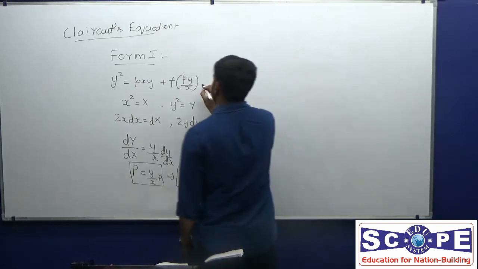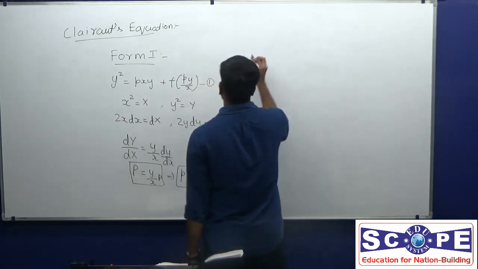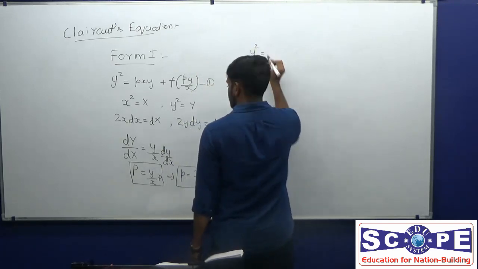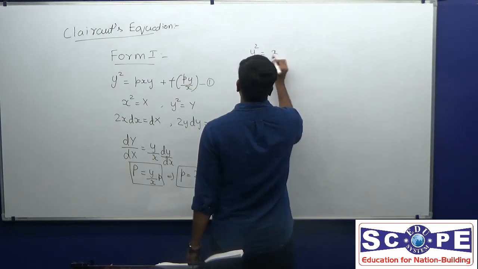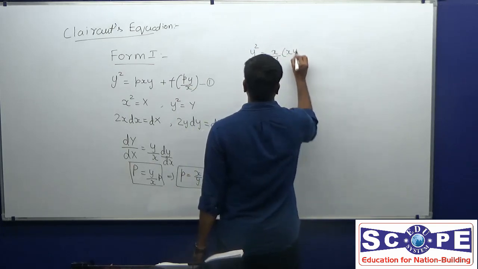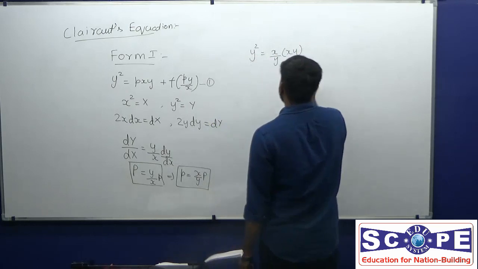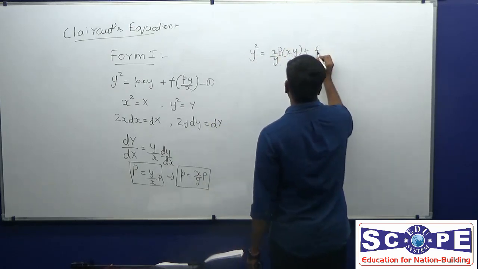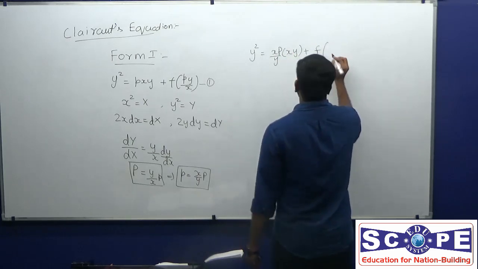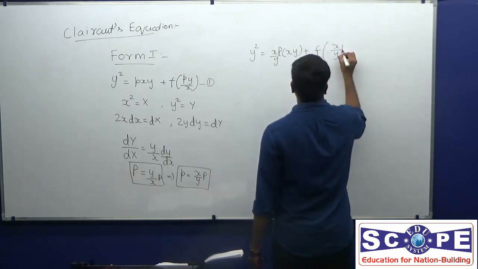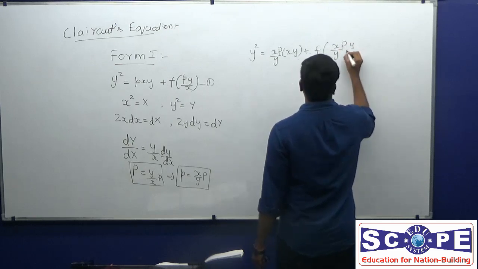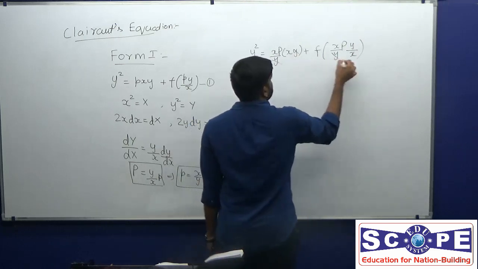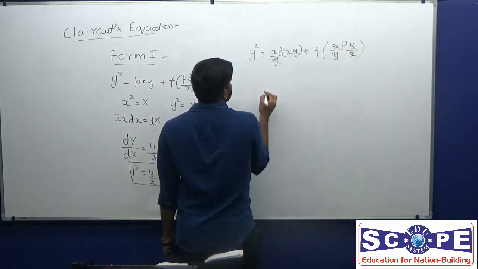If you substitute in this equation, let us assume this equation as 1, then we will simply get y square equals to, substitute p only, x by y into x by y, xy, plus f of p equal to x by y P into y by x. y gets cancelled, x gets cancelled.